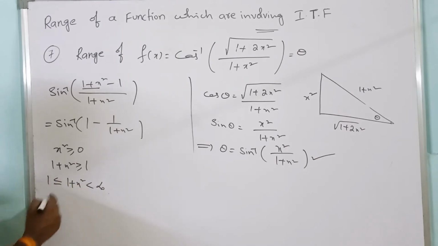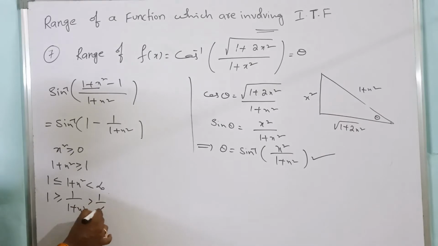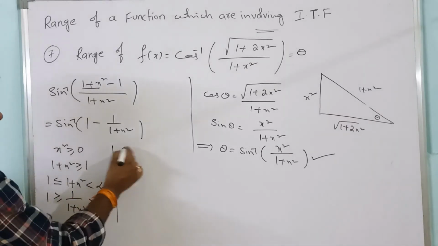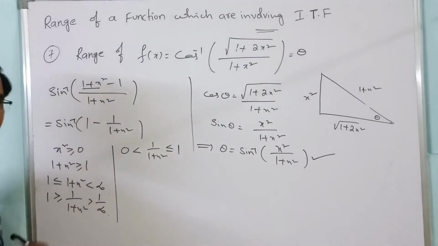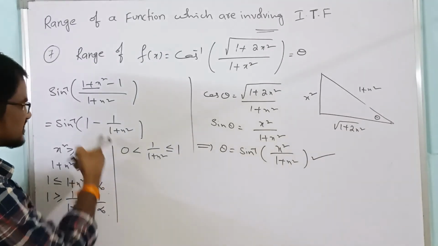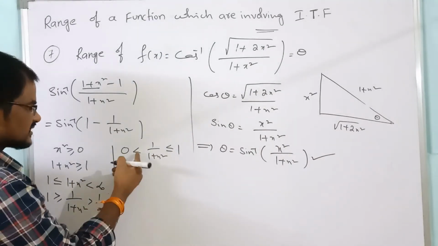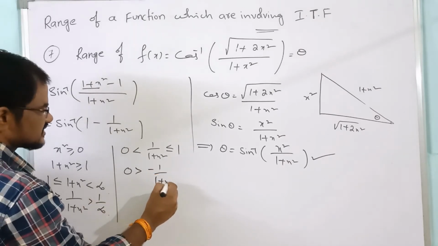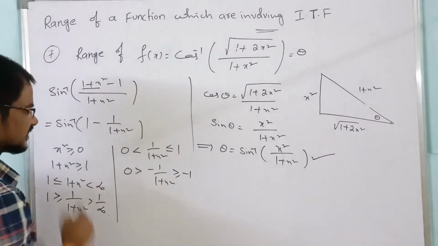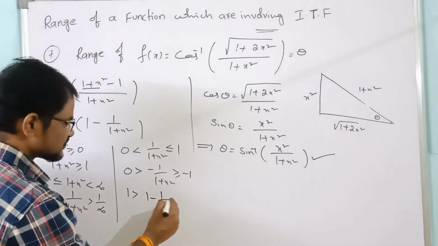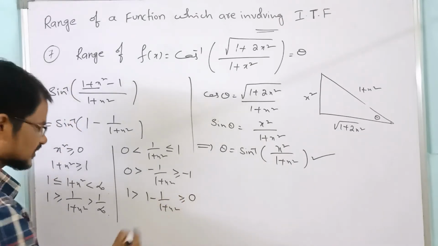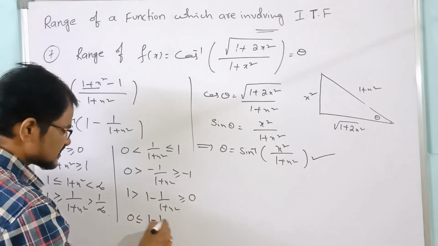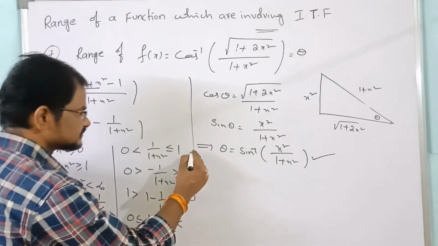If you take the reciprocal, 1 is greater than or equal to 1 by 1 plus x square, greater than 1 by infinity. Now 0 is less than 1 by 1 plus x square, less than or equal to 1. Now the minus is there, so multiply by minus, and the inequality flips: minus 1 by 1 plus x square is greater than or equal to minus 1. Add 1, and we get 0 less than or equal to 1 minus 1 by 1 plus x square, less than 1.